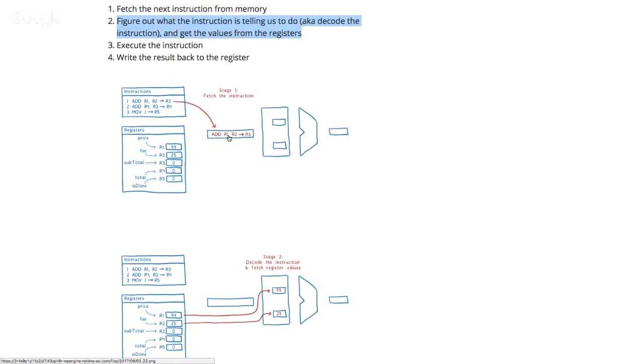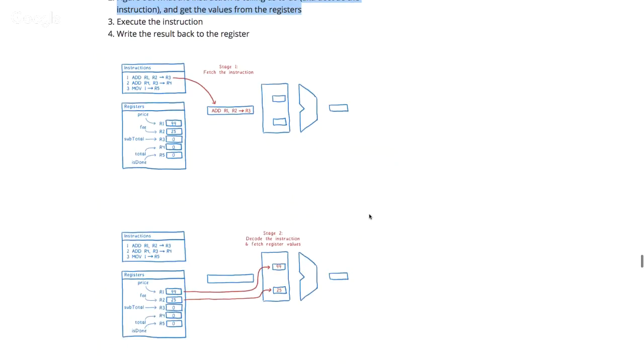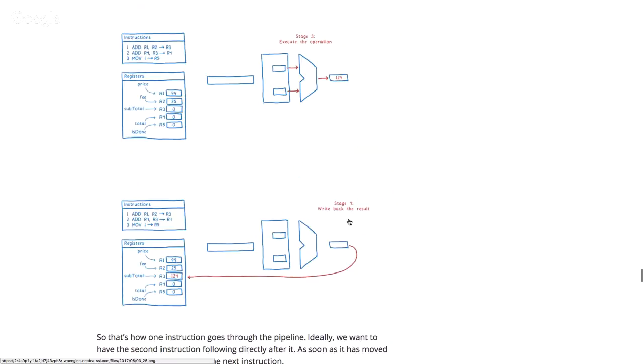So it needs to basically get R1 from the register and R2 from the register and perform a calculation. The ALU will perform a calculation on that. So the third step is it'll execute the instruction. Looks like that'll be done by the ALU. And stage 4 will be write back the result, writing the result back.